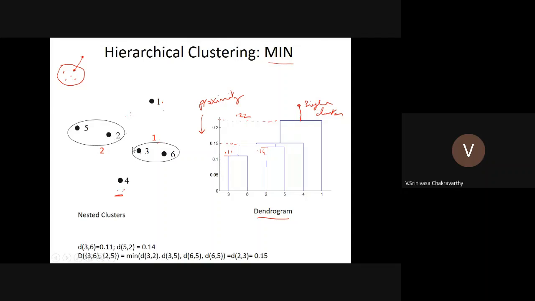So the two clusters are at an advantage. They're actually pretty far, but because we are taking the minimum measure, the distance between 2 and 3 will be equal to the distance of the clusters. Therefore, you merge them. Got it, sir. Okay, guys, thank you.